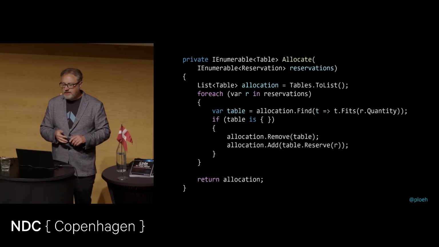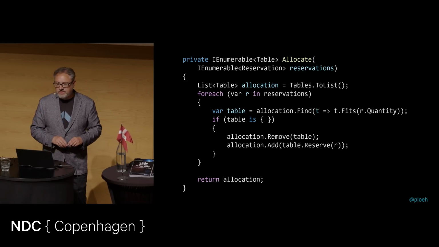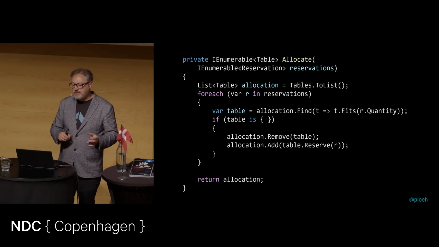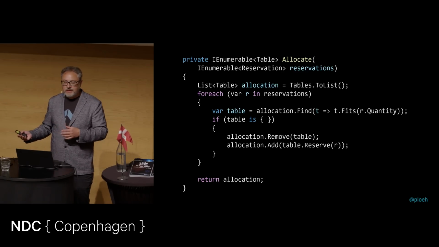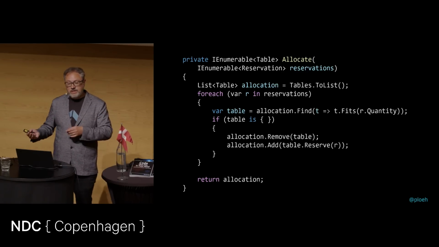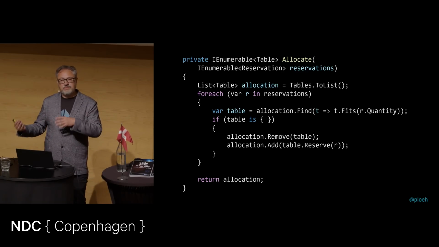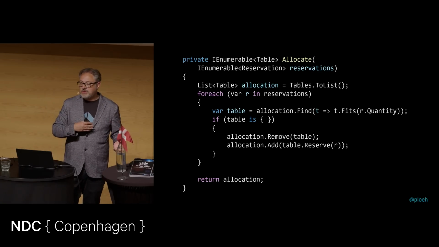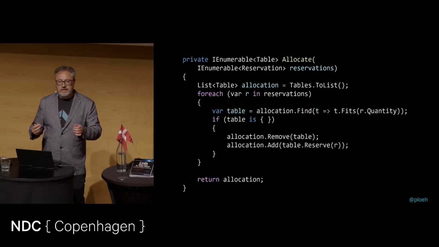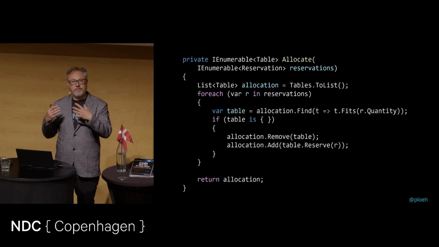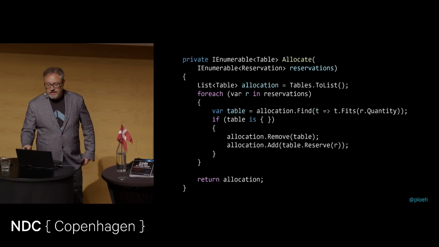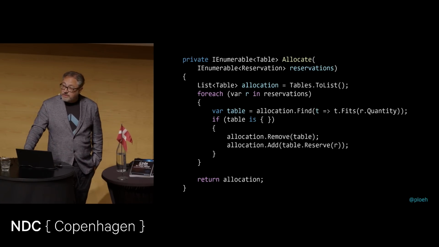You can think through various different things that might mutate state, and it doesn't really look like it's mutating state. It actually is, it's mutating the allocation, but that mutation never escapes the scope. As seen from the outside, it doesn't change observable state. So there are no side effects.